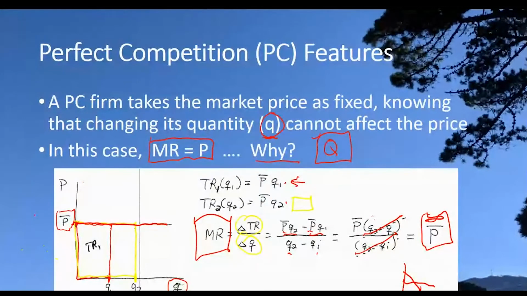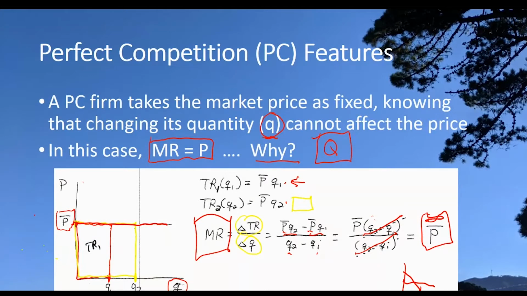So you see here how we're going to end up using exactly the same diagrams as we did with a monopolist, for example, but because we're changing the assumption about the size of the firm and how it can affect the price, it's going to change the way we interpret the model and what we have to look for on it. This is an example where we're using a bunch of the same assumptions.